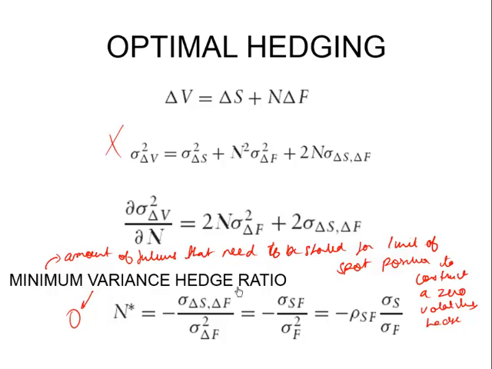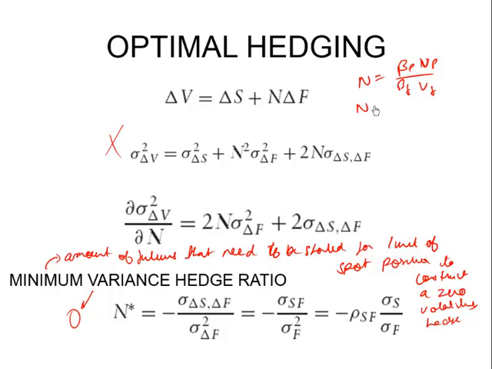The minimum variance hedge ratio is the amount of futures that need to be shorted for 1 unit of the spot position. So we derived that the number of futures contracts needed is equal to beta of the portfolio into the value of the portfolio upon beta of the futures into the value of 1 futures contract.